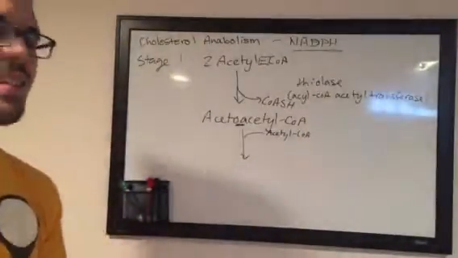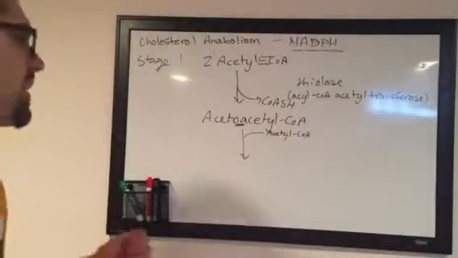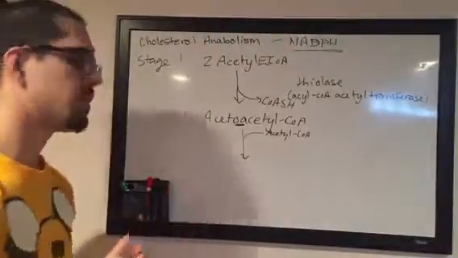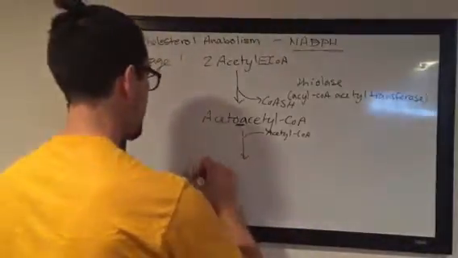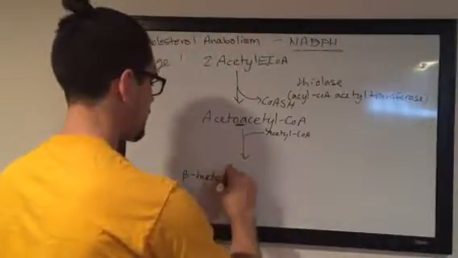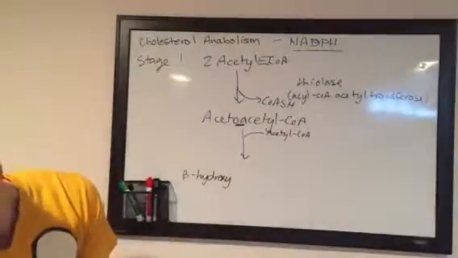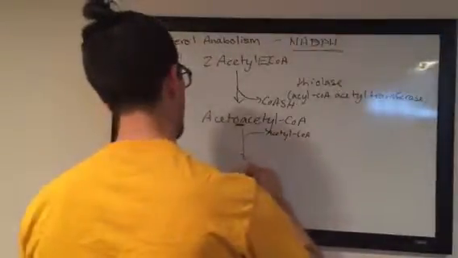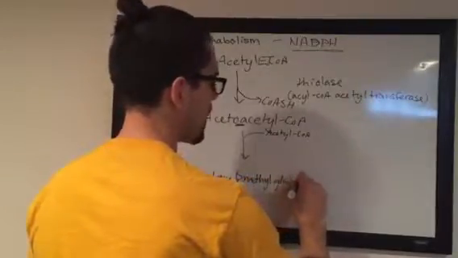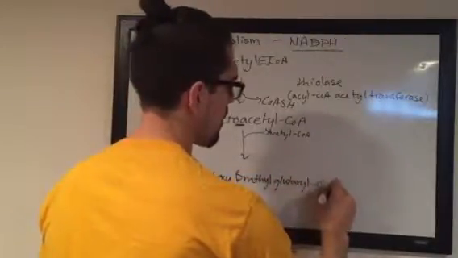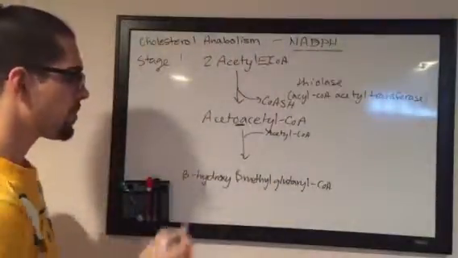This is via a slightly different enzyme, and that enzyme is different because of the compound here. The compound that's synthesized is called beta-hydroxy beta-methylglutaryl CoA. Holy, that's a mouthful.